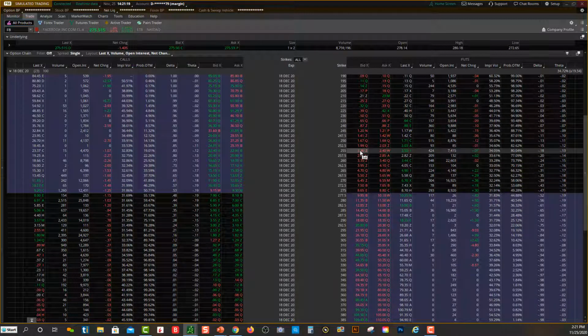When we look at the 255 strike, you'll see right over here the probability of out of the money. When you're an option seller, you want that option to expire out of the money. When you're an options buyer, you want it to expire in the money. So the probability of success on this trade is about 80% right off the bat.